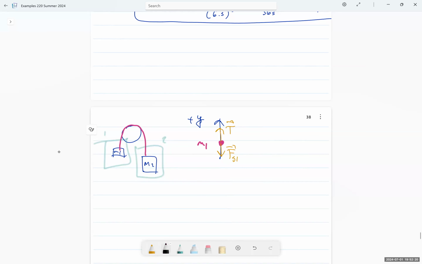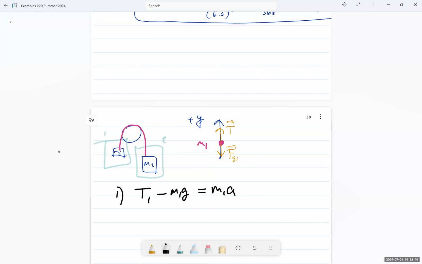It's simple enough that we don't necessarily need a force table. So I get equation 1 from here: tension 1 minus F of G1 equals mass 1 times acceleration. Remember, F of G1 is nothing but M1 g. So tension 1 minus M1 g equals M1 a.